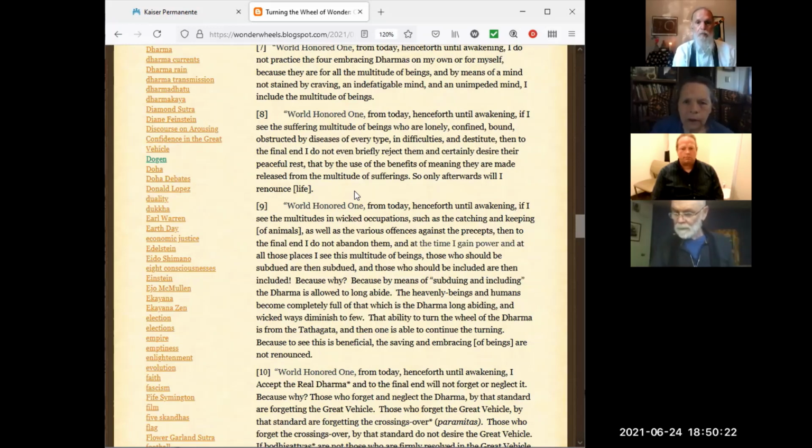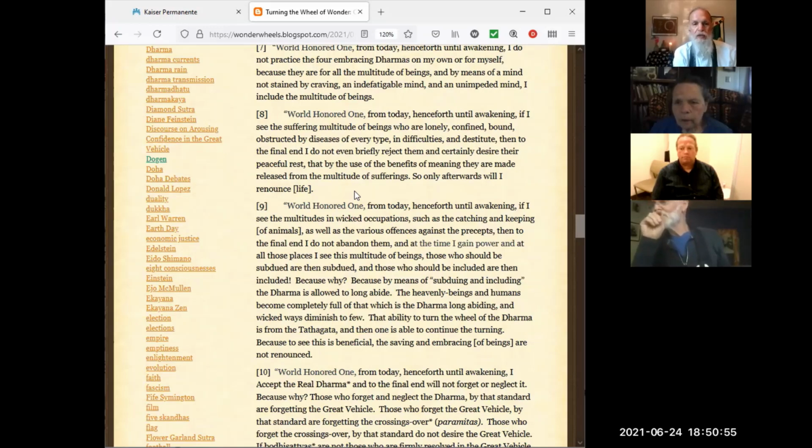It says here that by the use of the benefits of meaning, they are made released from the multitude of sufferings. Only afterwards will I renounce life. Right. I don't see anything ambiguous about that at all. It seems very plain, straightforward. The bodhisattva does not leave this world or the world of beings.